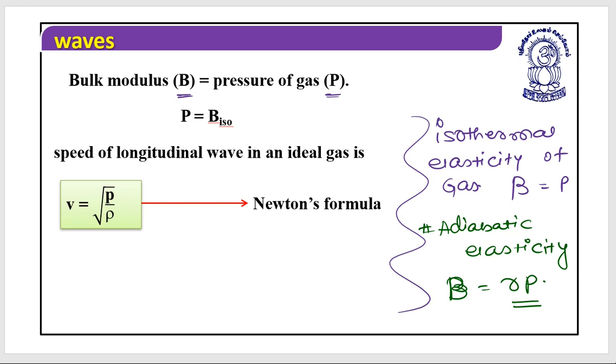From this, the speed of a longitudinal wave in an ideal gas is v equals root of P by rho, which was derived by Newton according to the isothermal process. This is Newton's formula: v equals root of P by rho.